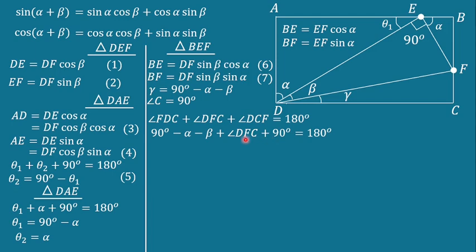That means I can write angle DFC equals alpha plus beta. So this equation reduced to this form, alpha plus beta. Therefore I can write this angle equal to alpha plus beta.